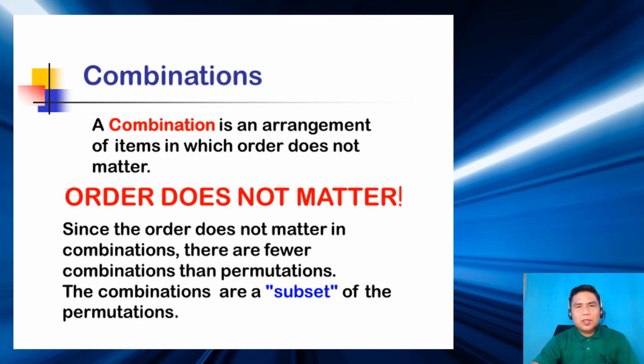So let us now proceed to combinations. A combination is an arrangement of items in which order does not matter. Again, order does not matter. Since the order doesn't matter in combinations, there are fewer combinations than permutations. The combinations are a subset of permutations.